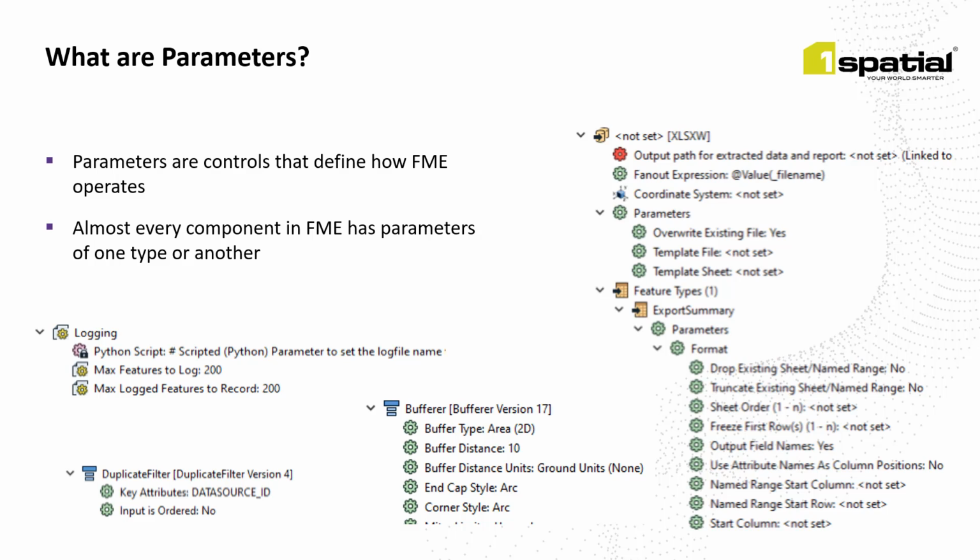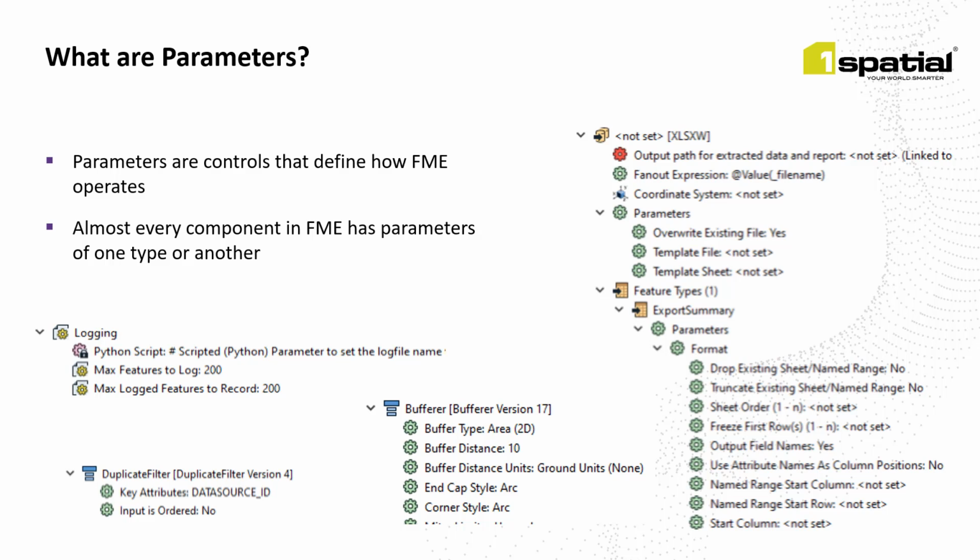And this gives us an enormous amount of control over the processes we build. Every parameter, and here I've screenshot just a few examples, has the potential to be configured by us, so we can change the values we choose each time we run the workspace. It's kind of mind-blowing, really.